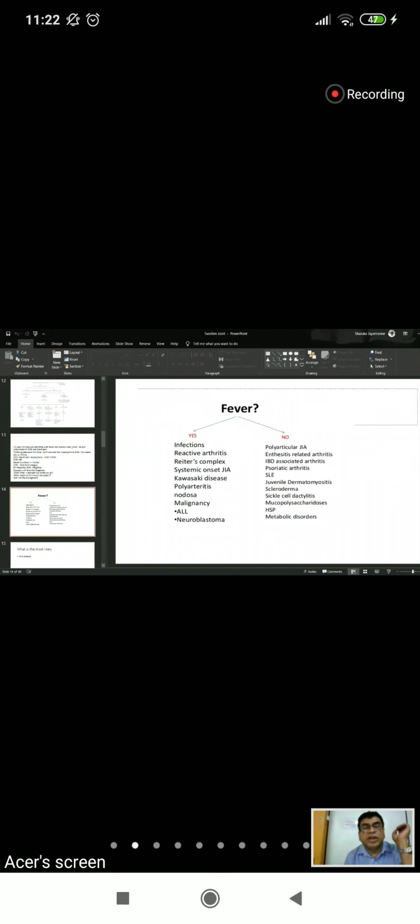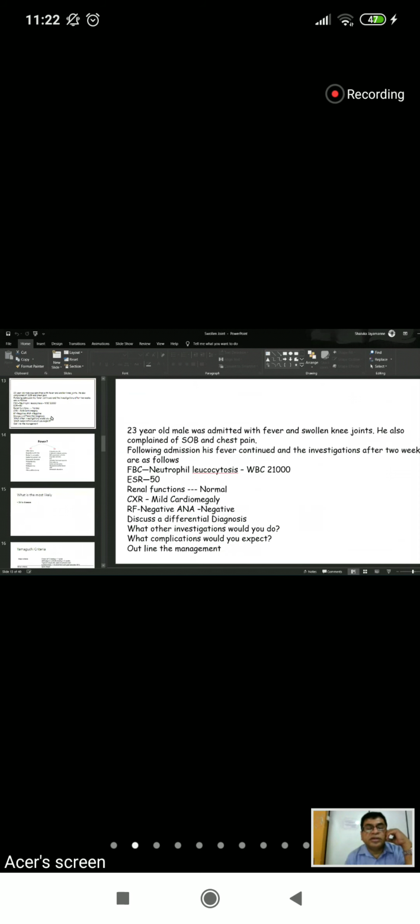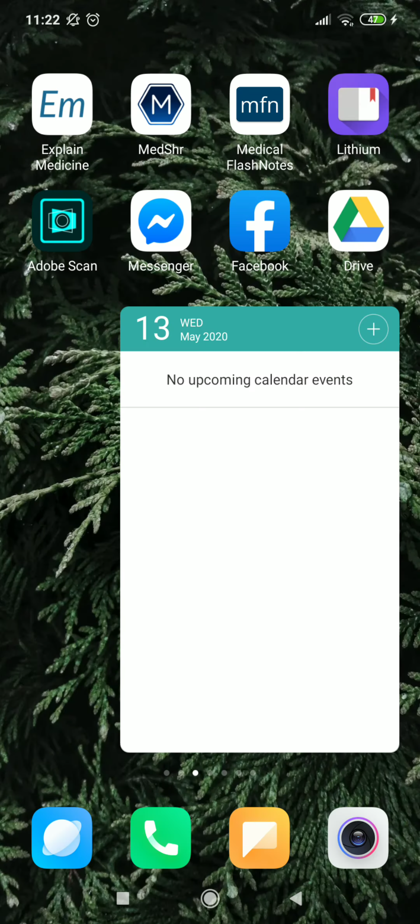So what is the most likely here? There is involvement of serosa here. If you go back on the history, the patient has neutrophil leukocytosis. There is a high ESR. There is cardiomegaly. When you see a cardiomegaly, you have to suspect whether there's myocardial involvement or pericardial involvement.